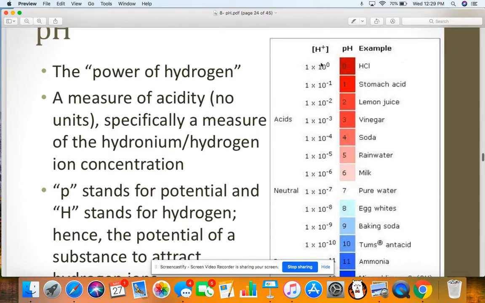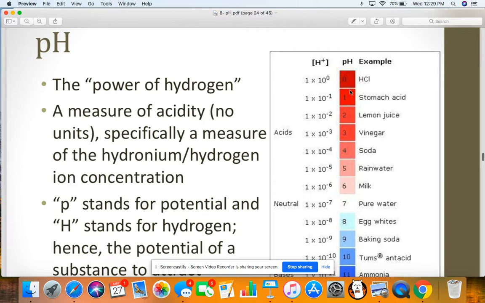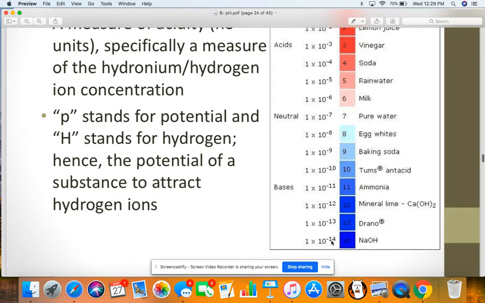So the substances that have the highest concentration of hydrogen ions are said to be at the top of the pH scale, and the concentrations that have the lowest hydrogen ions are at the bottom of the pH scale. Again, this makes sense because something is going to be considered to be more acidic if it has lots of hydrogen ions, and something is going to be less acidic if it does not have a lot of hydrogen ions.